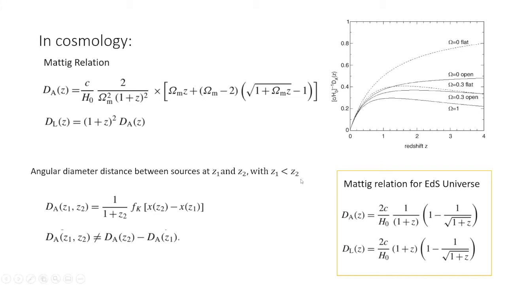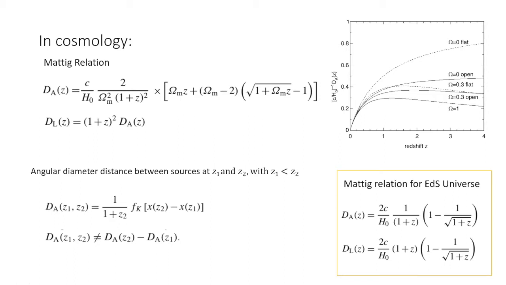The relations for angular diameter distance and the luminosity distance are just this. So the difference is where 1 plus z appears in the equation. So for luminosity distance, it's a cone whose apex is on the source, and it gets bigger towards us.